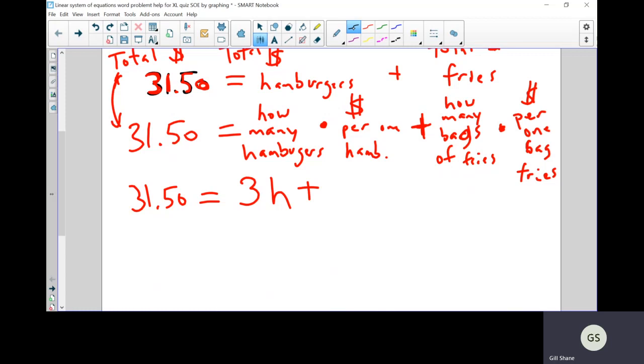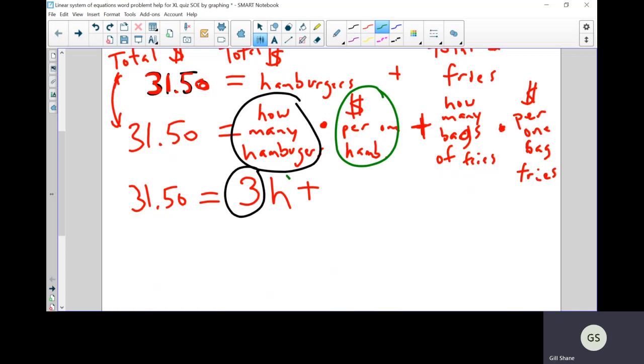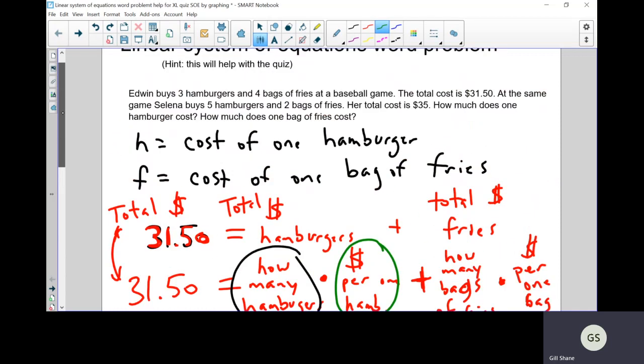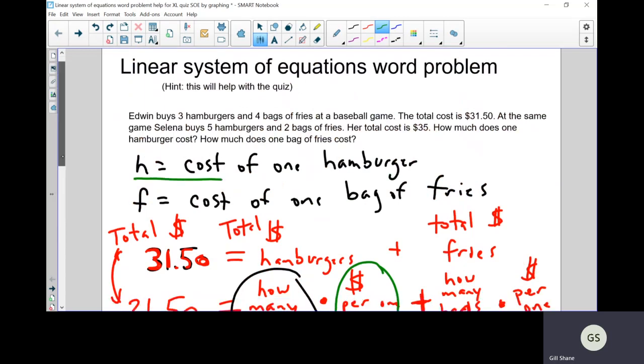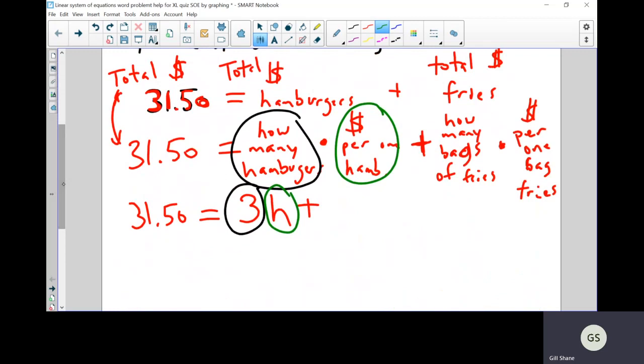So this right here, how many hamburgers, is represented by that 3. The cost per hamburger is represented by that H, and we showed that again up top. We said, well, the cost of one hamburger is H. Now I'm adding to that.